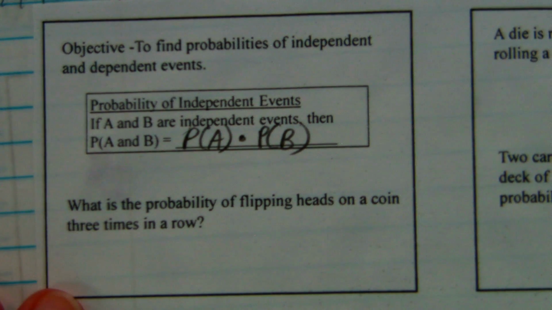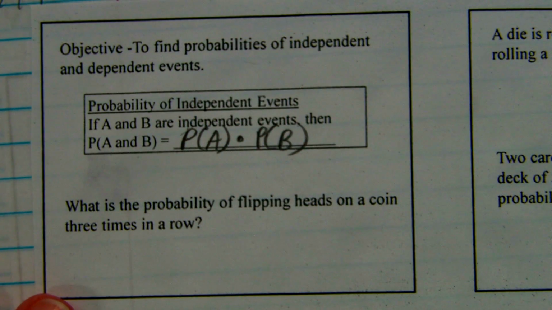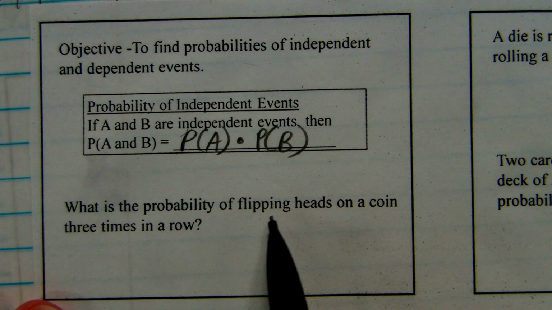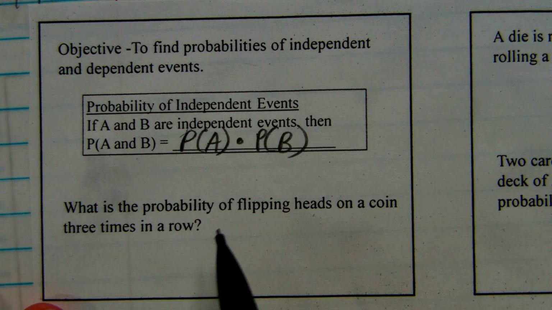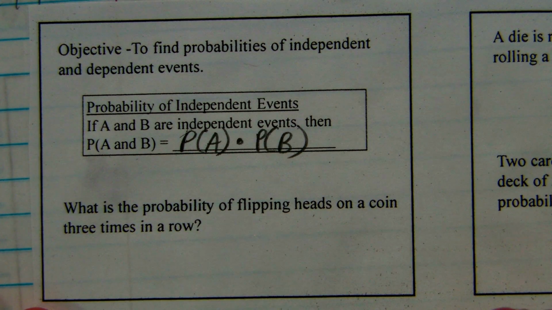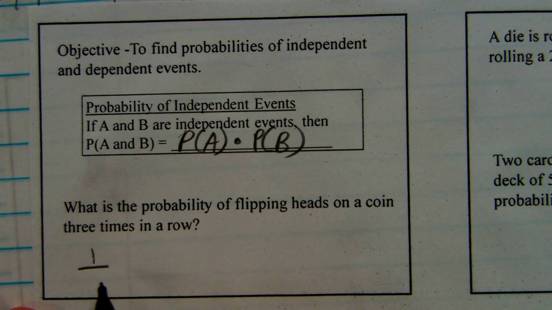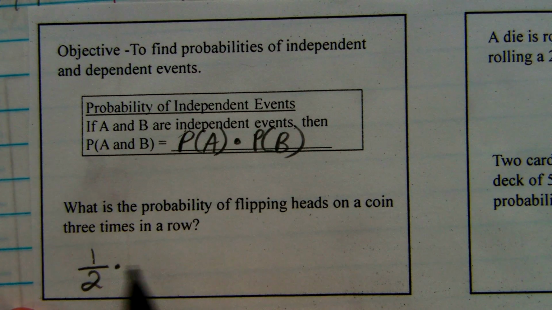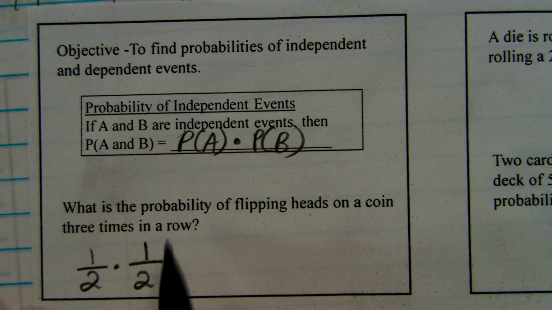So the first question that we have, I'll try to focus this a little better, says, what is the probability of flipping heads on a coin 3 times in a row? Okay, so a coin has tails and heads. So the probability the first time of getting heads would be 1/2. And the second time it's still 1/2. So the first flip doesn't affect the second flip.